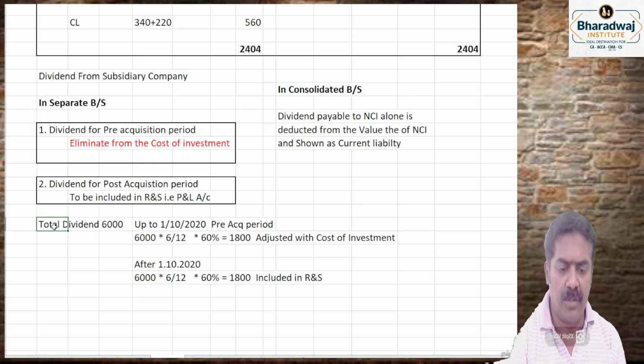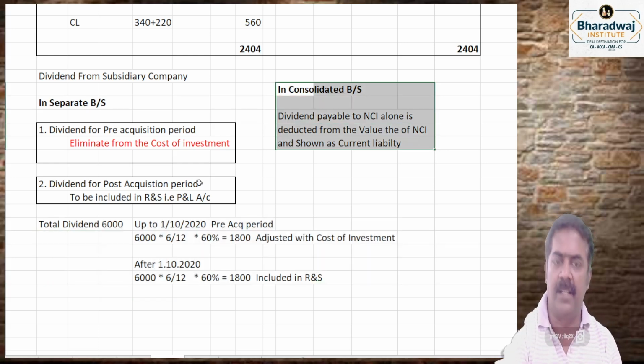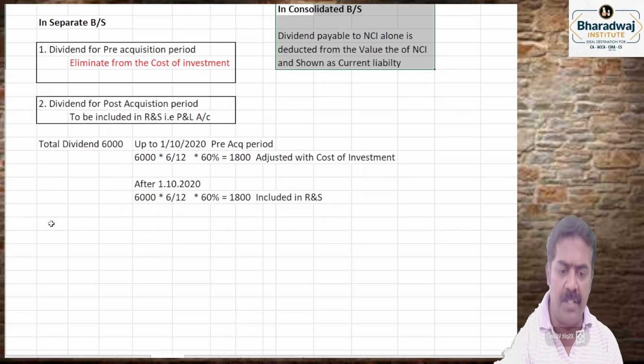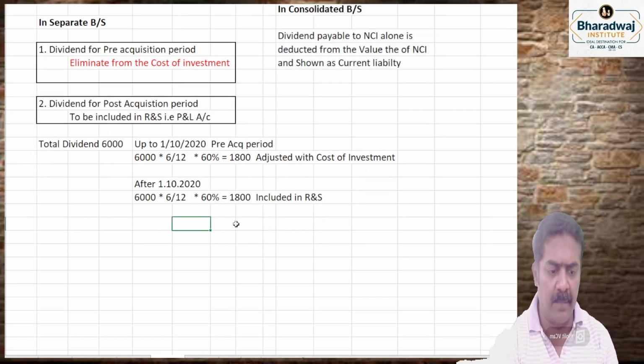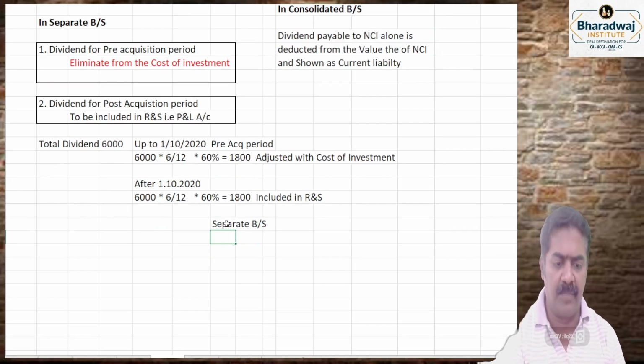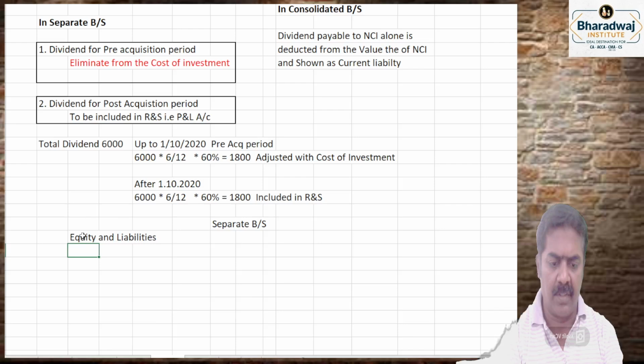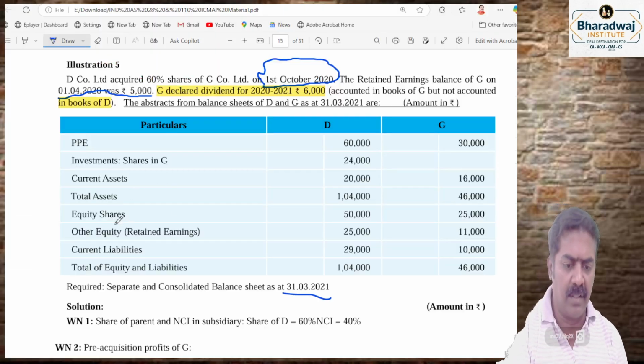Okay. So we'll first prepare the separate balance sheet. Afterwards we'll go for the consolidated balance sheet. While preparing the separate balance sheet, first, in equity and liabilities, how much will equity shares be?